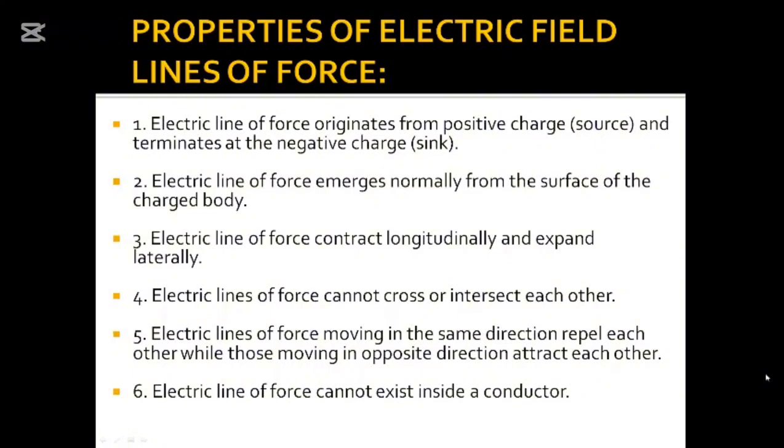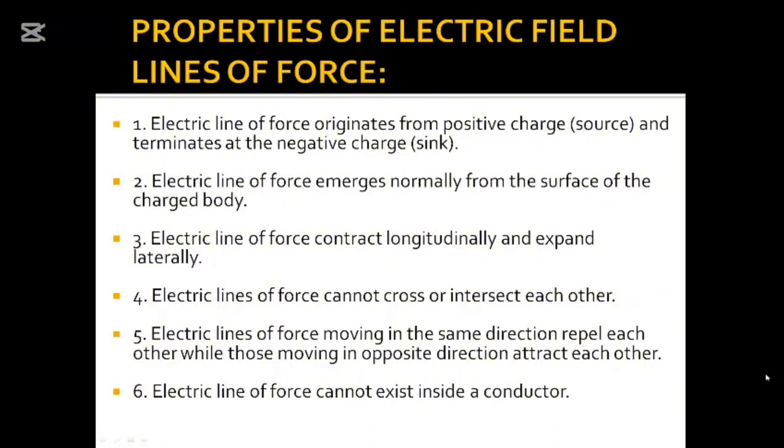Number one, electric lines of force originate from the positive charge. Either you call it positive charge or positive pole, it originates from the positive charge, and this positive charge acts as the source, that is the producer. And it terminates at the negative charge, that is the sink, where it falls into.